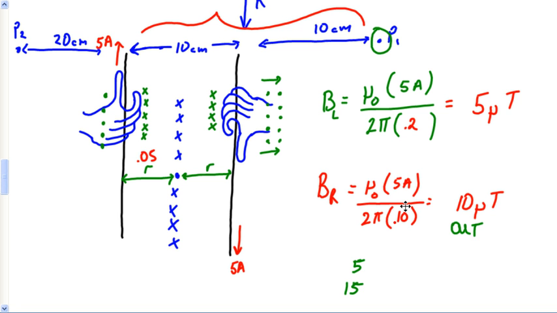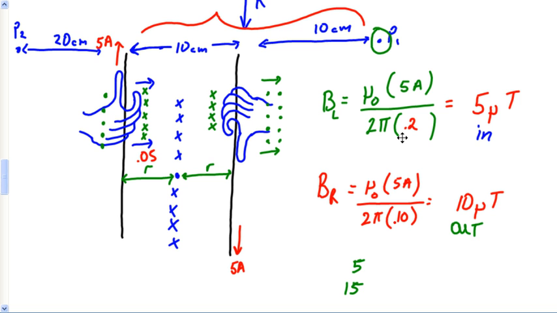Now, go to the left wire. Anything to the right of the left wire, look at where my fingers were over here, now see, that's actually opposite. That's going in.